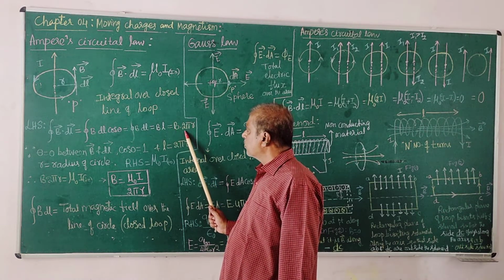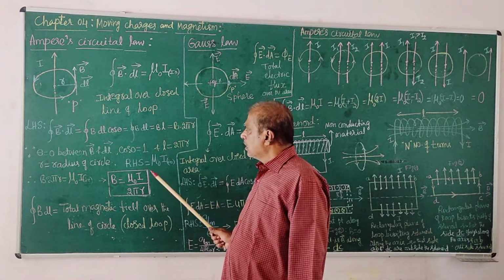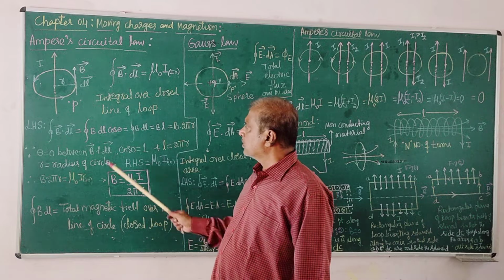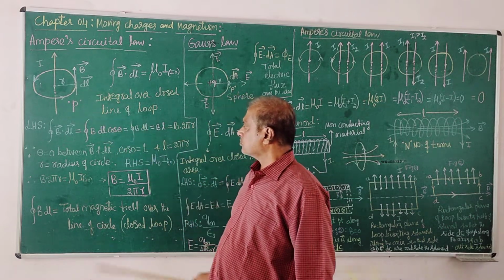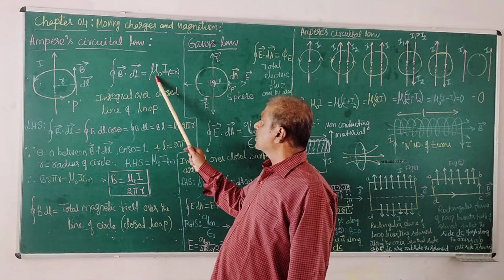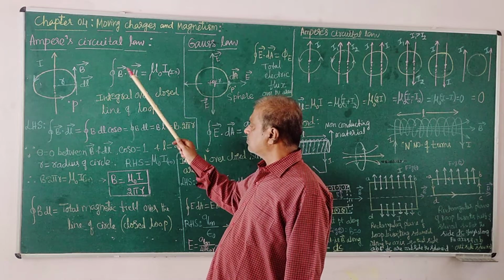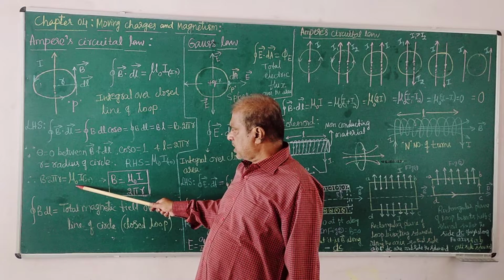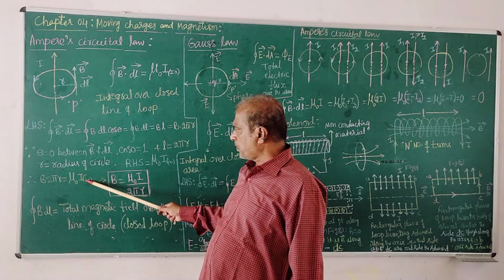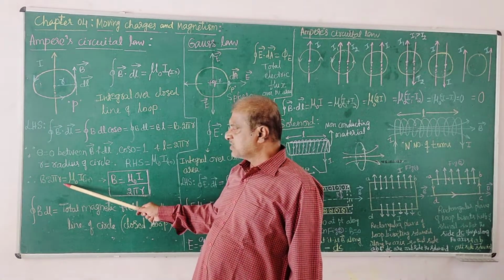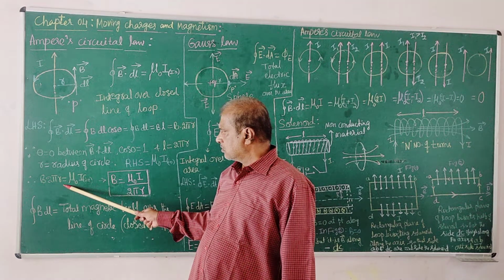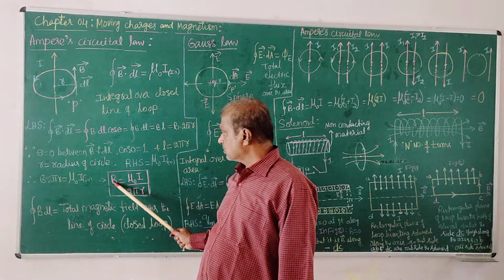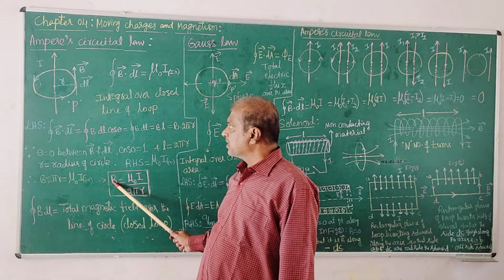B into 2 pi r is the total magnetic field over the entire line, and it equals the right hand side. What is the right hand side? The left hand side equals the right hand side, mu naught into I. If this is the equation, then what is B?